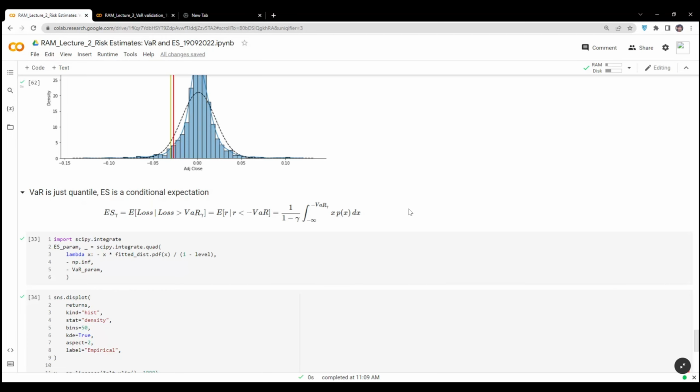Just take the mean and nothing else. It's very easy. But if we would like to assess expected shortfall dealing with the entire distribution, we actually need integration, because we need to calculate the expectation in the tail.